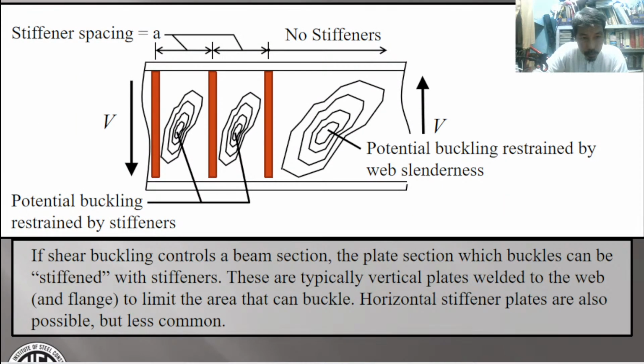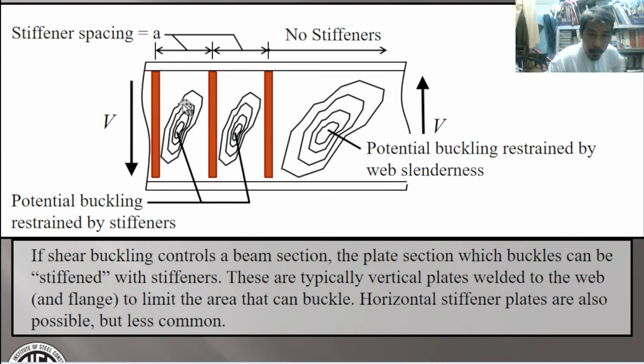So we have stiffener spacing a. So this one and this one. If there are no stiffeners, so longer. The stiffener.